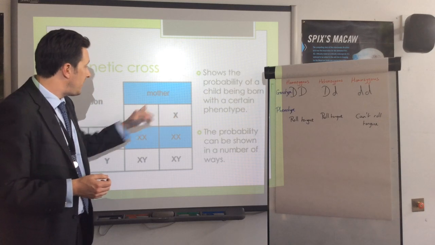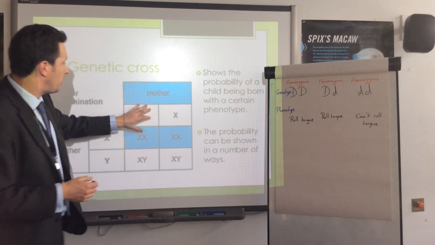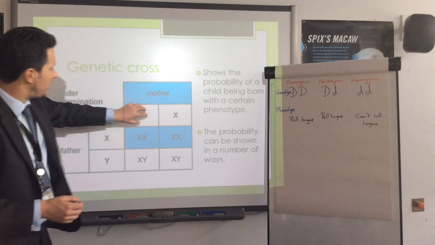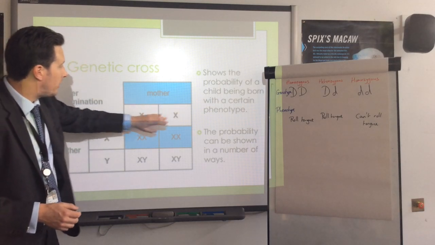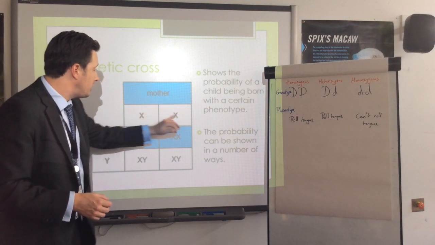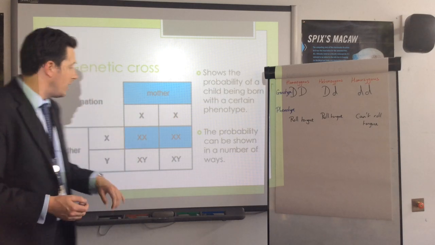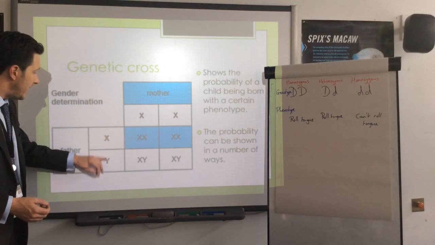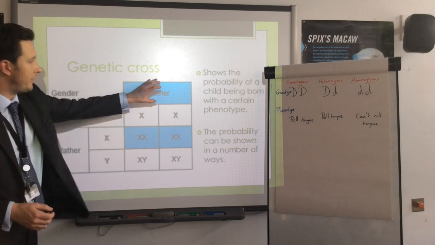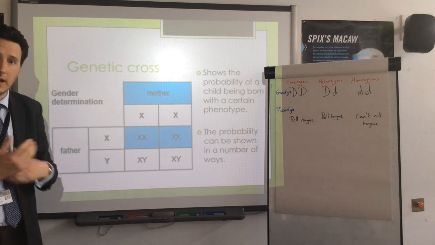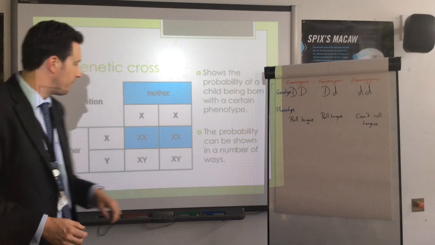So for the female with two X's in your Punnett square, you put the combinations at the top. You draw them out at the top, the two genes or two alleles, or in this case chromosomes, for the mother. And then for the father, you do the same on the side. It doesn't actually matter if you put the father up here and the mother down there. You can do that either way round. Okay?